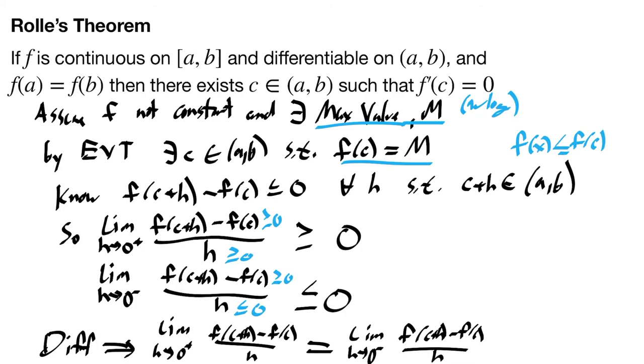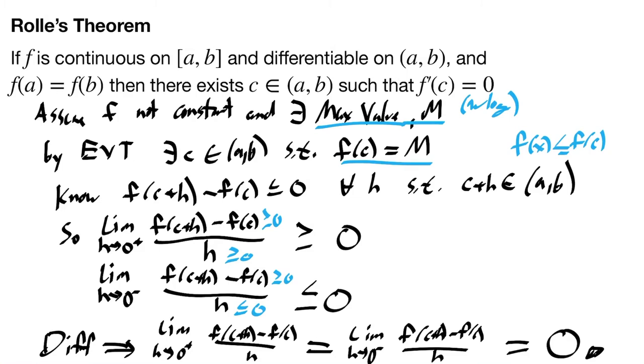It means the limit exists, and so the left-hand limit and the right-hand limit have to equal each other. But how many numbers out there are both greater than or equal to 0 and less than or equal to 0? There's only one, and that number is 0, and that proves our theorem.